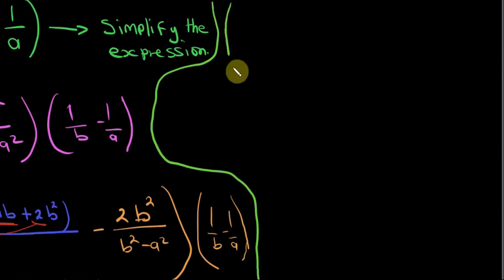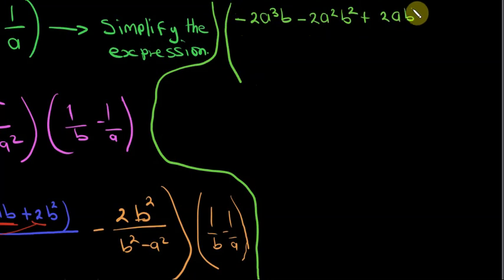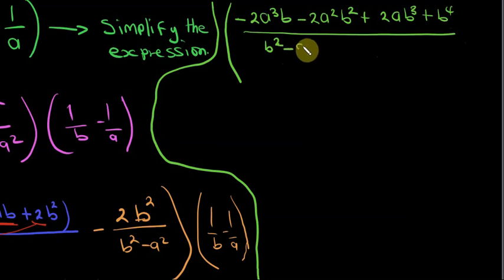This is what we had down there. Those minus 2a cubed b minus 2a squared b squared plus 2ab cubed plus b to the fourth power, and everything was divided by b squared minus a squared and a squared minus b squared.